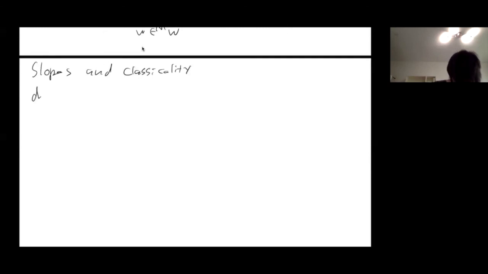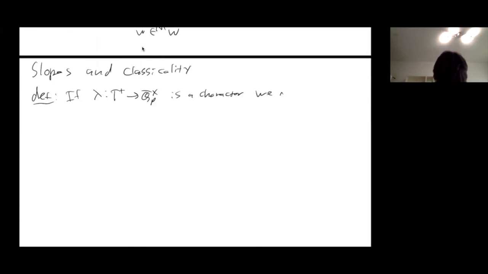So let's introduce some notations. If we take a character of this monoid, which we should think of as a system of U_p eigenvalues, then we're going to define a rational character.